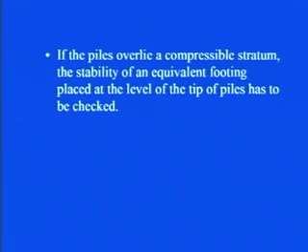So, it is loose sand in nature. In that case, you assume an equivalent footing at the tip of the pile and then check its stability, whether it is stable from the safety point of view as well as from the serviceability point of view.